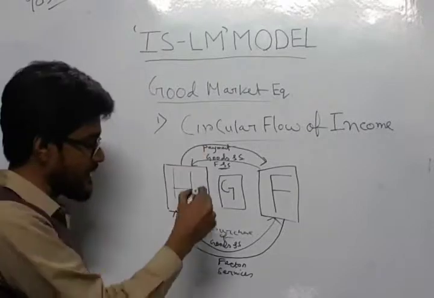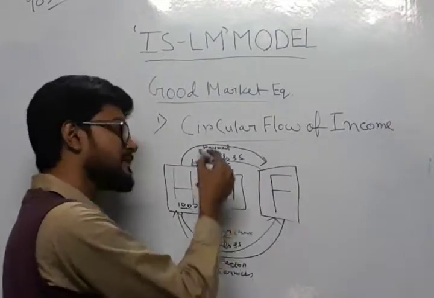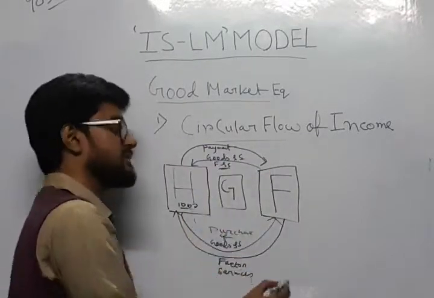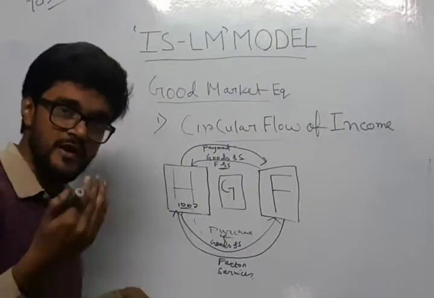So in this way, this 1000 rupees can flow in a circle. This is why we call it circular flow of income.